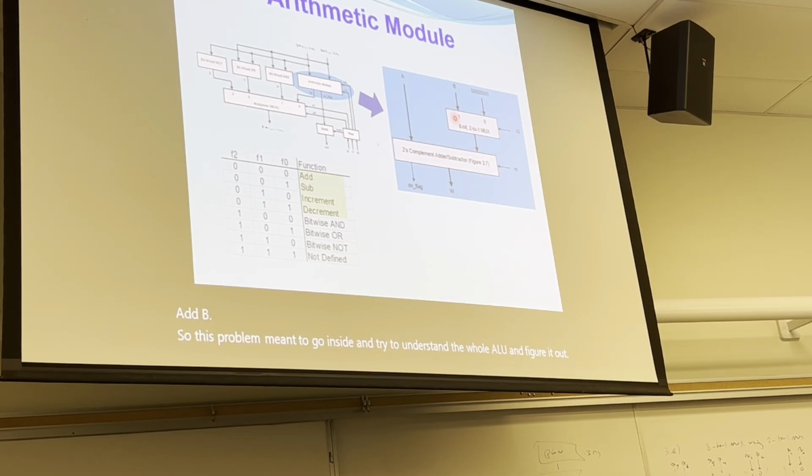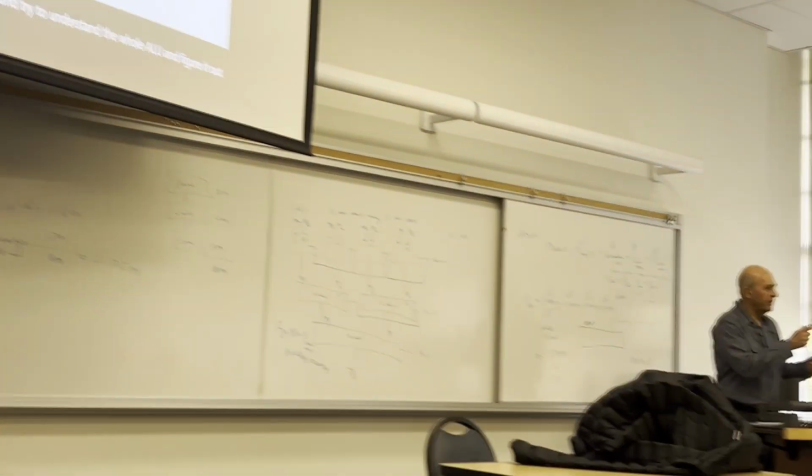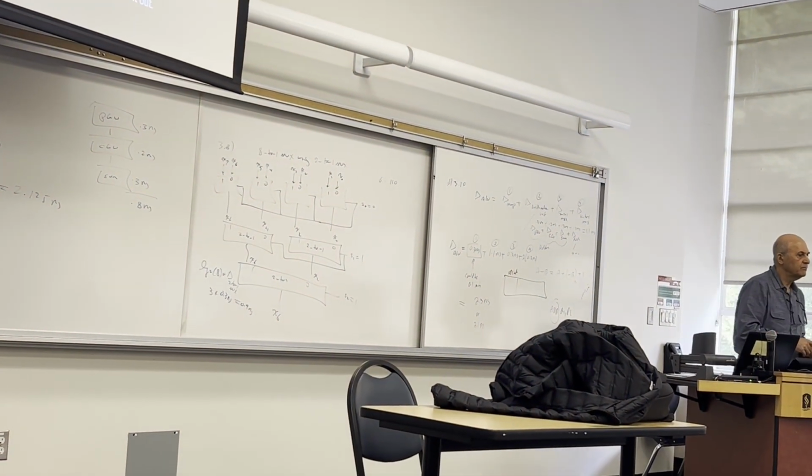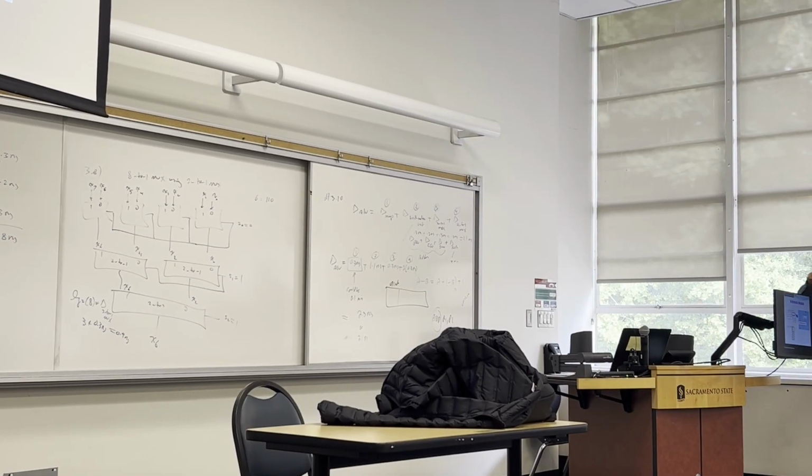Okay, question, homework number 6. Professor? Yes. For the H1 mux, can S0, S1, and S2 be put through a NOT gate in parallel? And then you can get a delay of 0.7. Put it through a NOT gate? Why would you want to do that?